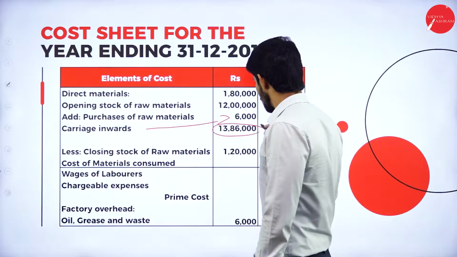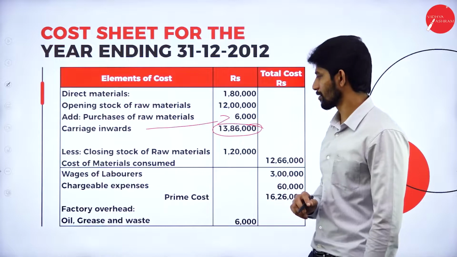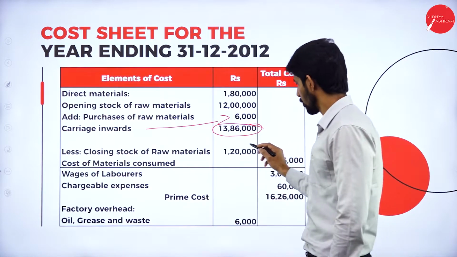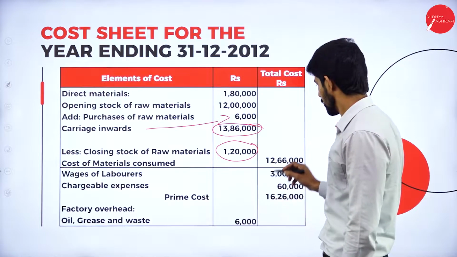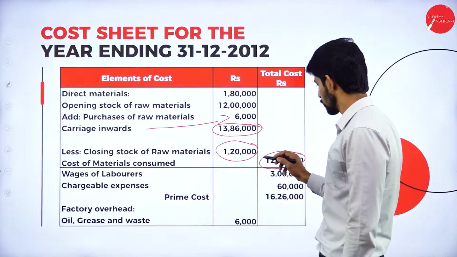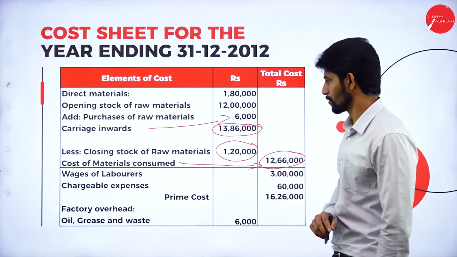You will get 13,86,000. From that, less closing stock of raw material of rupees 1,20,000. So whatever the balance you will get, that is 12,66,000. That is called materials consumed.